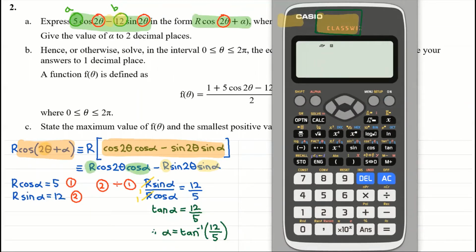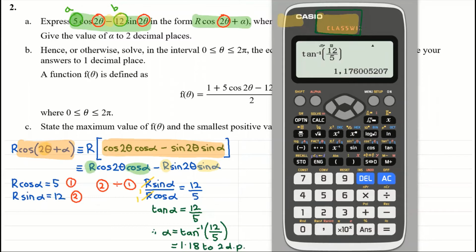Make sure you've got your calculator on the correct setting. So shift tan 12 over 5, equals. And we need this to 2 decimal places. So that's going to be 1.18. So I'll just write that in now. So this is equal to 1.18 to 2 decimal places.